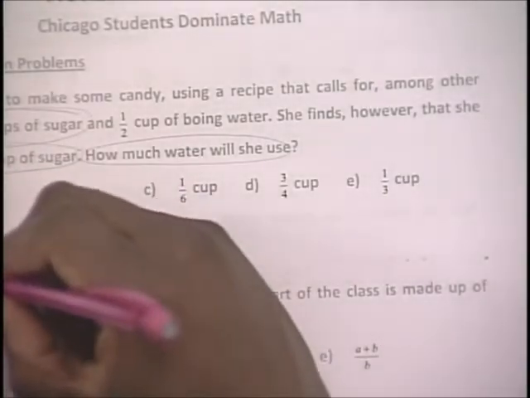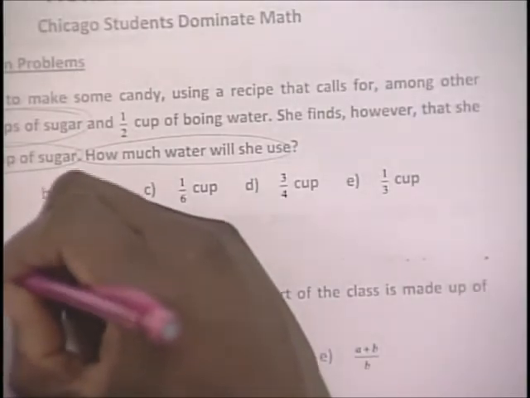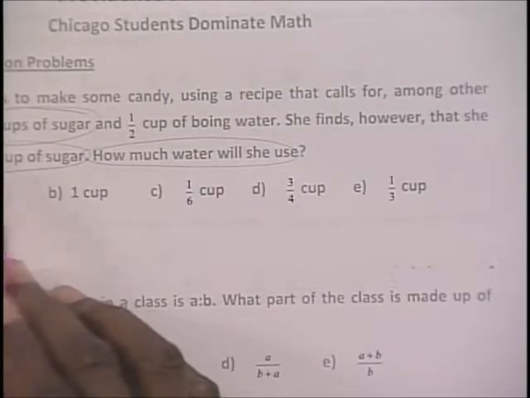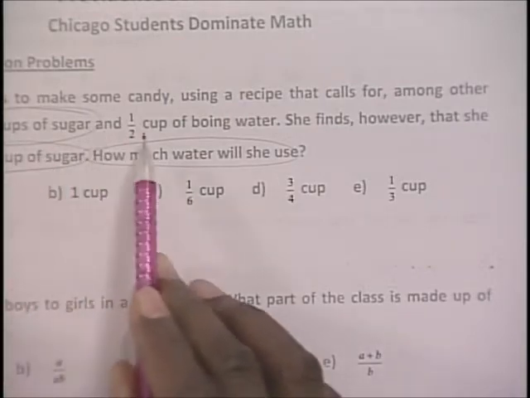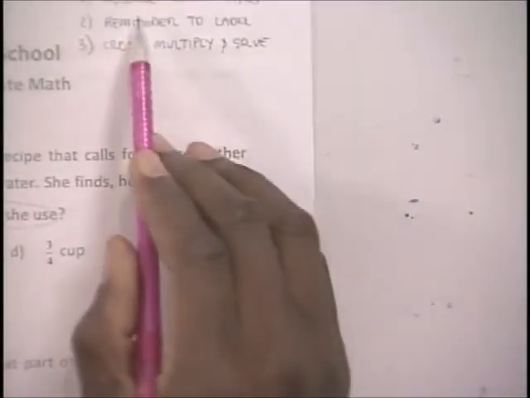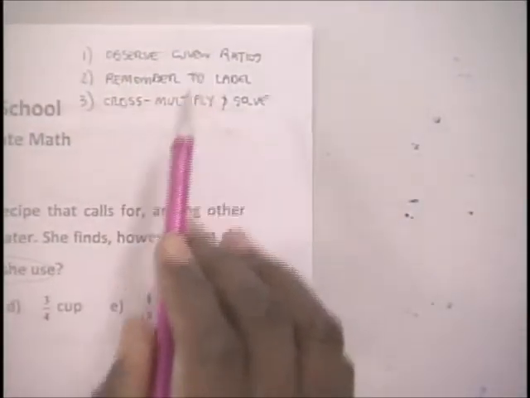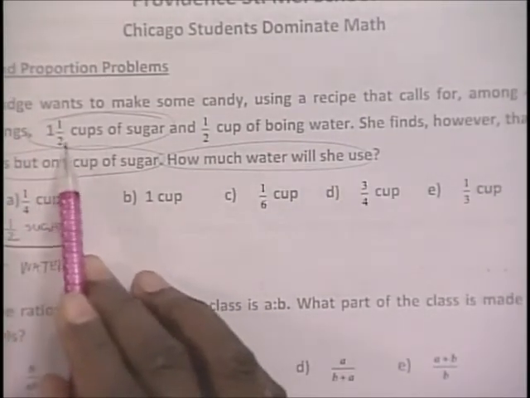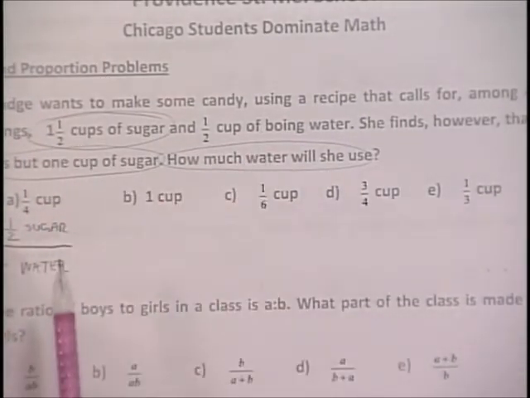Whenever they relate two different things like they're doing here, 1½ cups of sugar and 1/2 cup of water, that's what we mean when we say observe the ratios. The first step was to observe the given ratios, and that's the first ratio that they gave you. For every 1½ cups sugar, you need 1/2 cup boiling water.